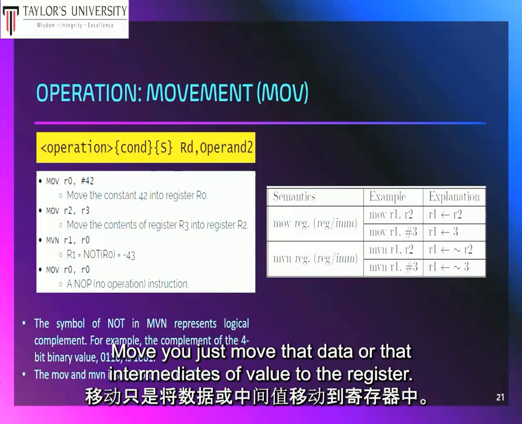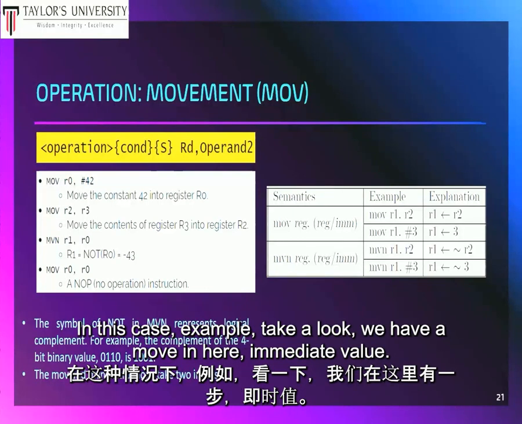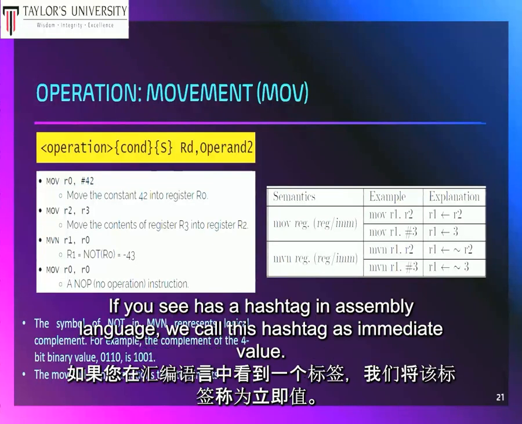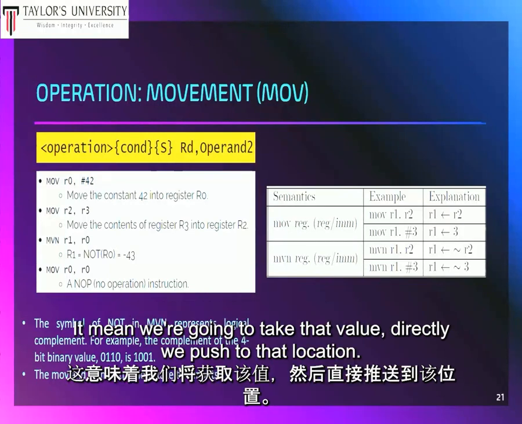Move just moves that data, that immediate value, to the register. In this example, we have a move here with an immediate value. If you see a hashtag in assembly language, we call it an immediate value. It means we take that value directly and push it to that location.